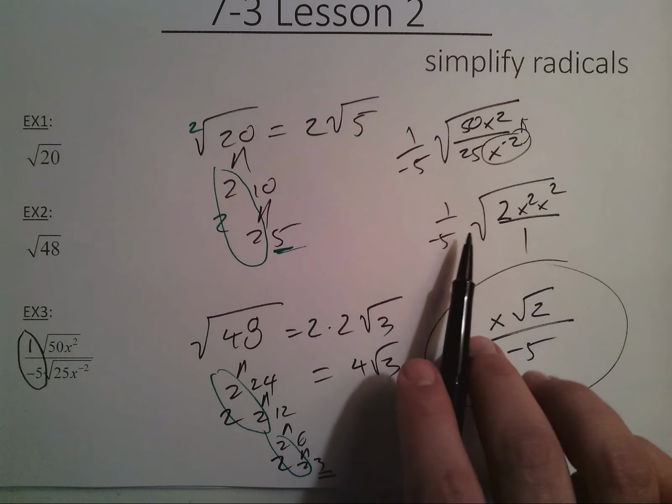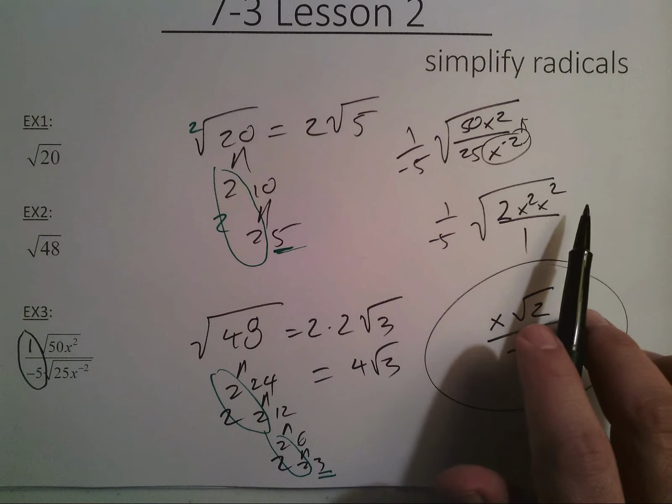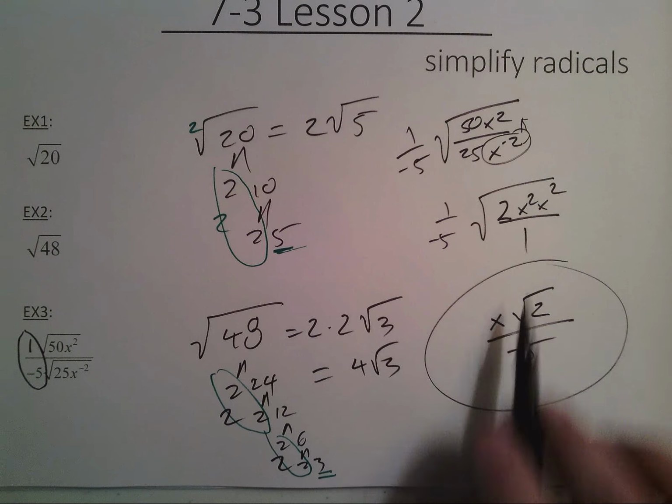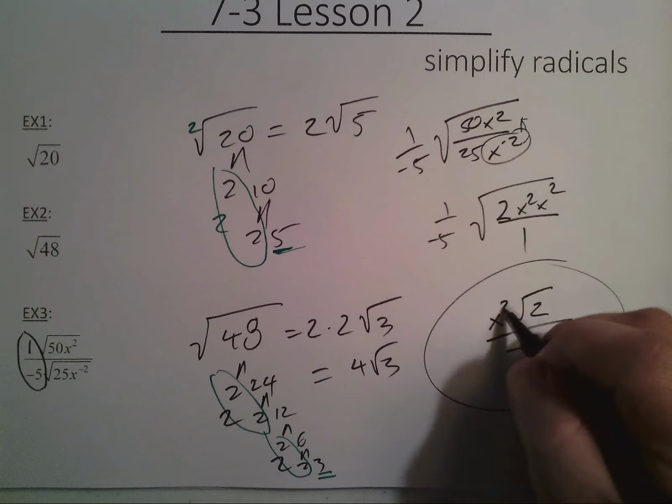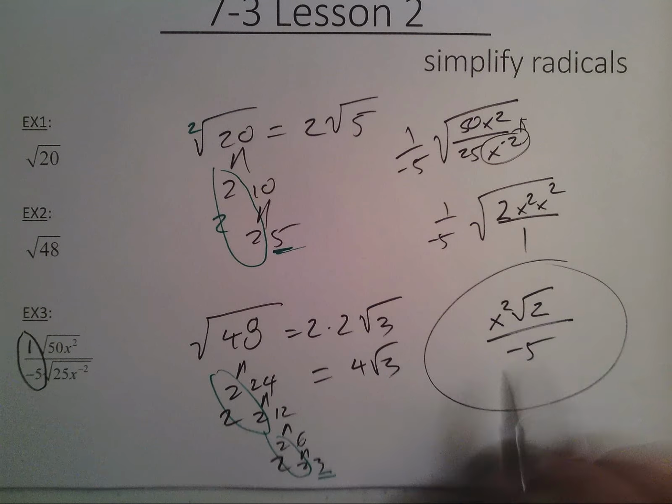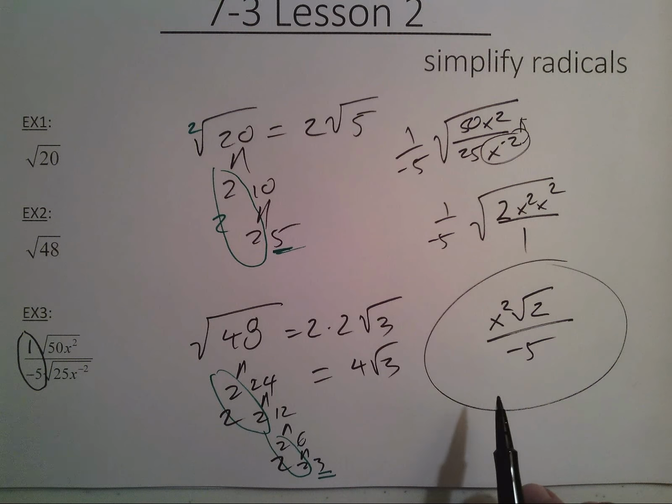Well, I'm doing a half power to a 4th power, so I'm left with x squared. So I pull out 2 x's to get x squared, and I left behind the 2. And here's the negative 5. So that's simplifying.